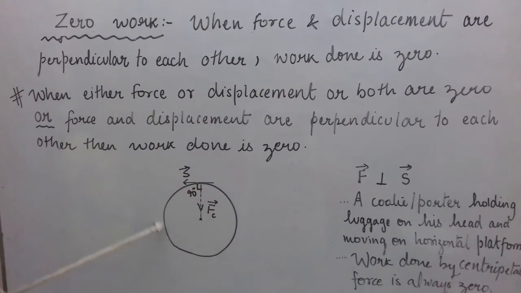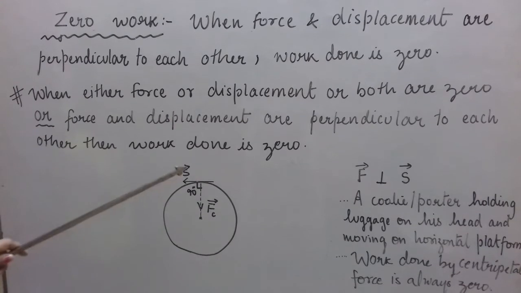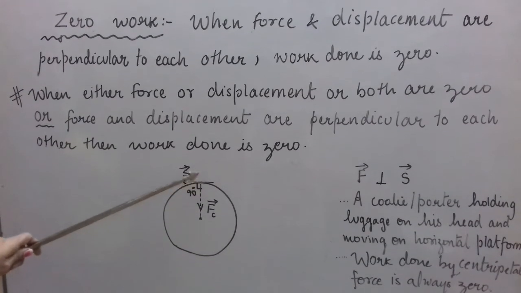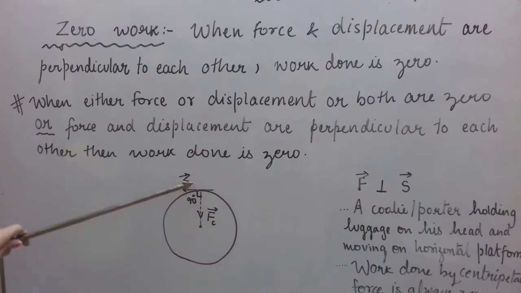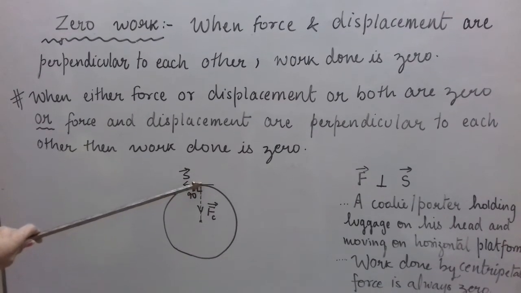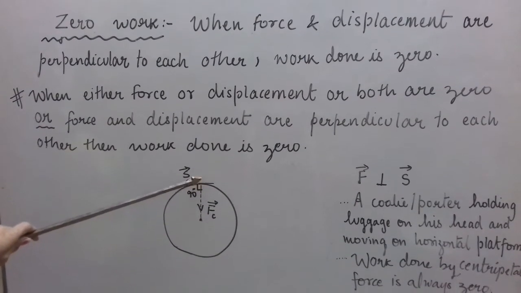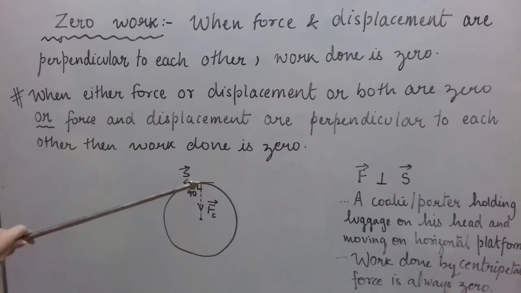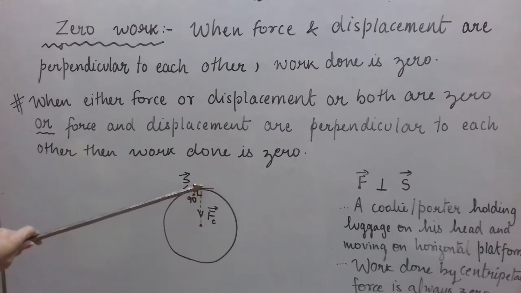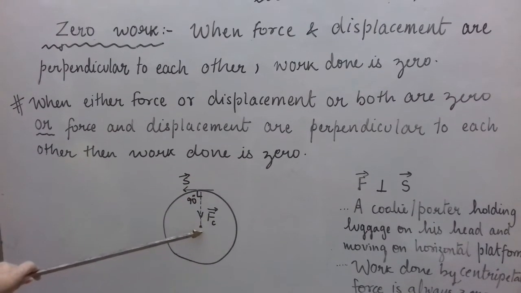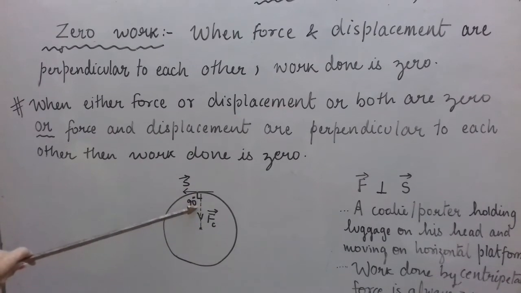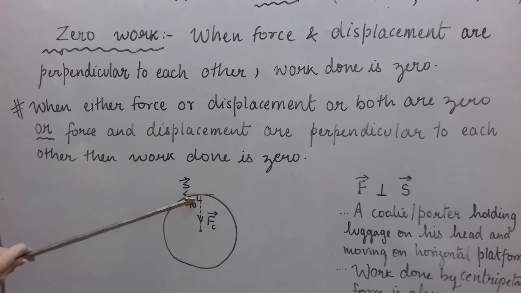If a body is in uniform circular motion, then at any point the direction of motion or displacement is along the tangent to the circular path at that point. And the direction of centripetal acceleration or centripetal force is along the radius towards the center. This tangent and radius at any point are perpendicular to each other.